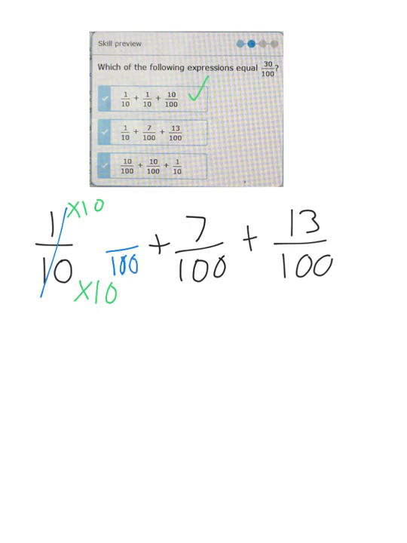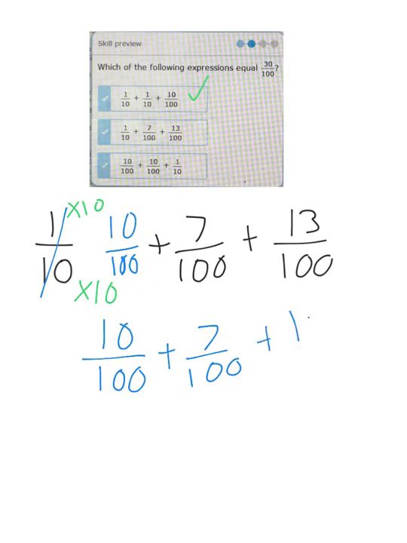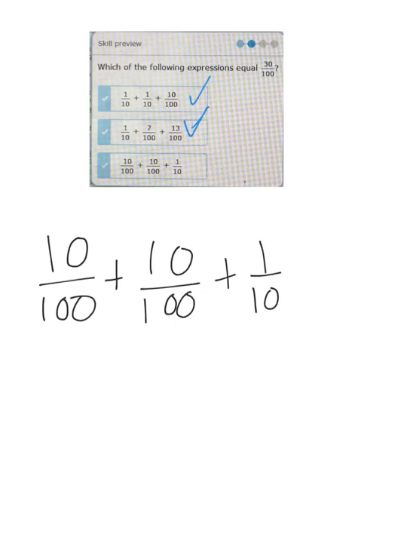Sorry, this looks like 6s, but they're supposed to be zeros. 1 times 10 is 10. So our new expression is 10 over 100 plus 7 over 100 plus 13 over 100. We have the same denominator, so we can add right across. 7 plus 13 is 20, plus 10 is 30. So this one is also 30/100ths and is also correct.